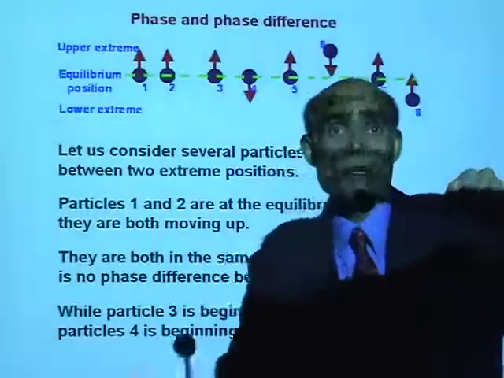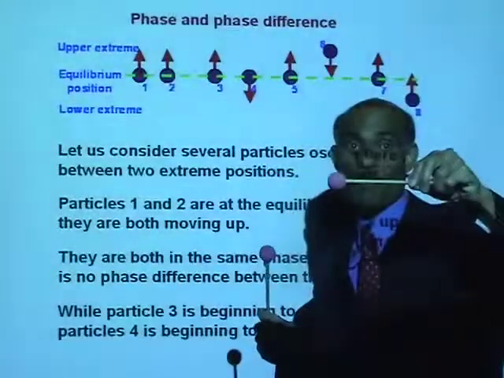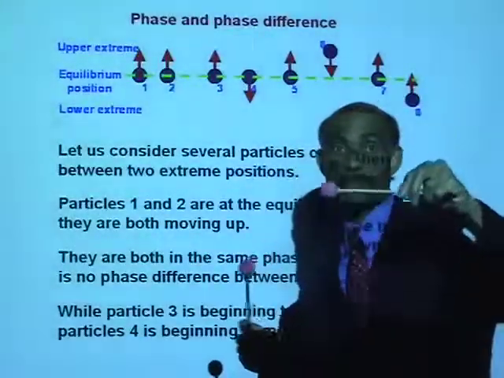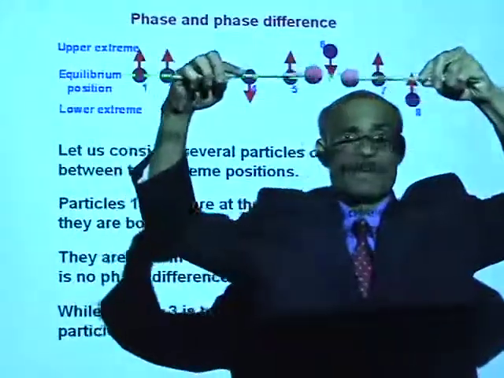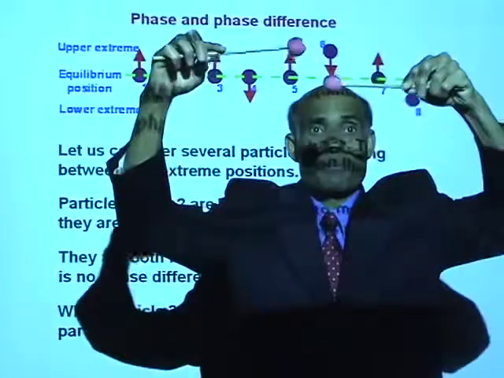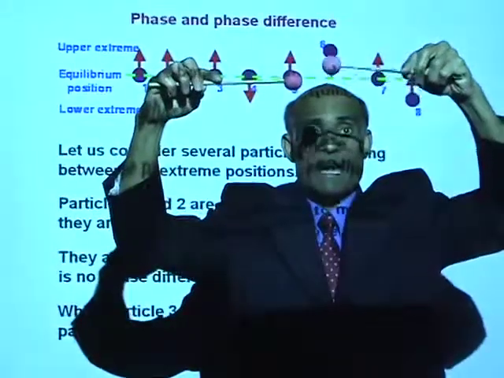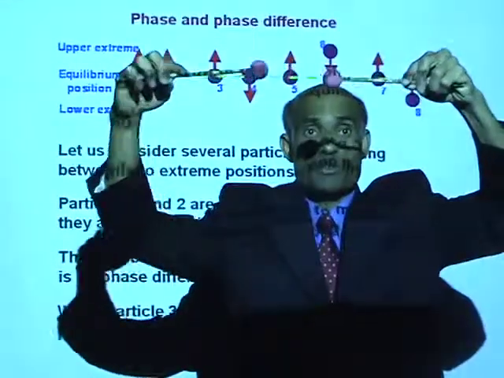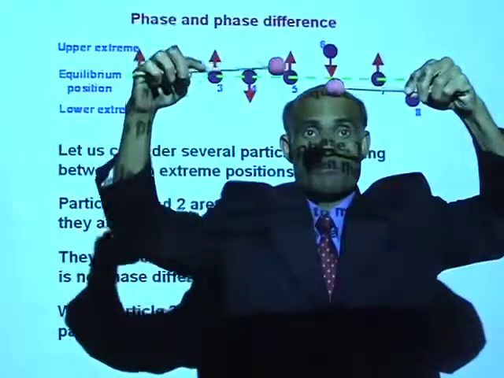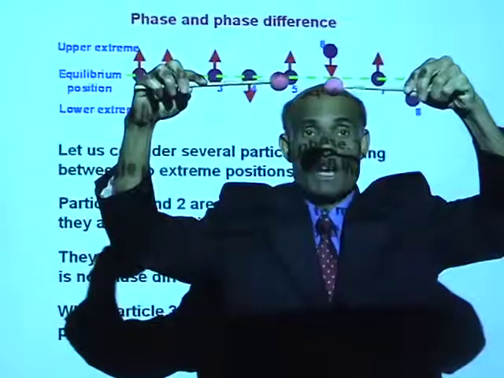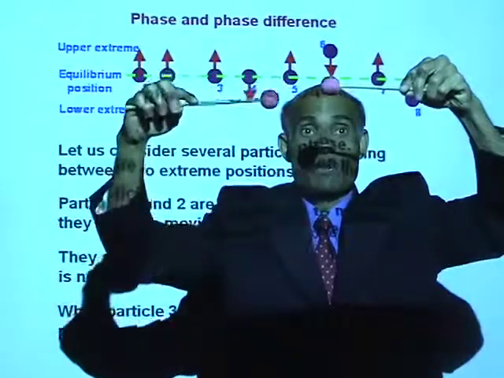Now, remember, the time taken to vibrate completely once is called a period. Now look at these two particles. Particle 2 has gone to the upper extreme, back to the equilibrium position, and now it is beginning to move down.